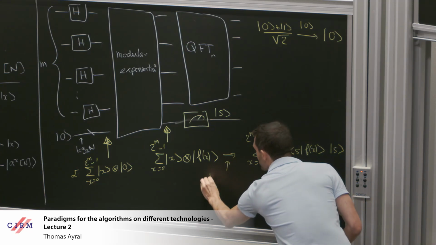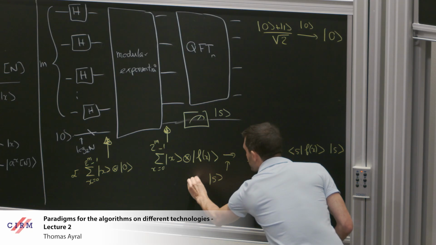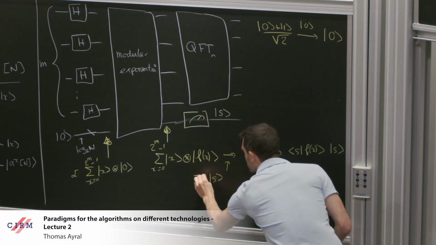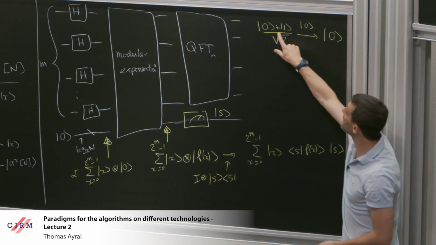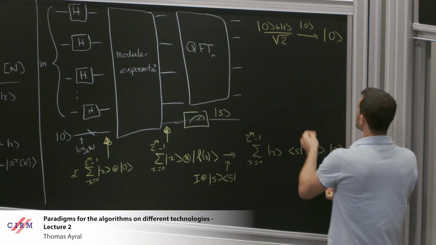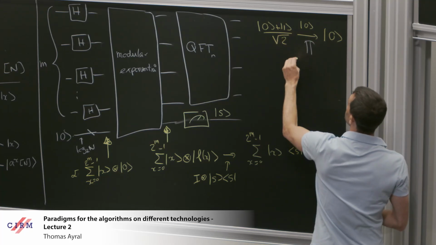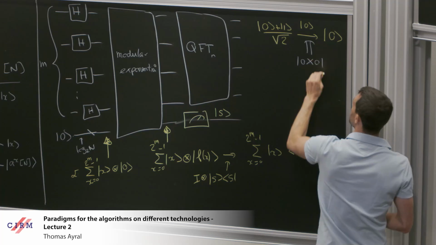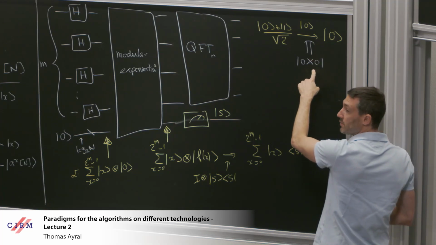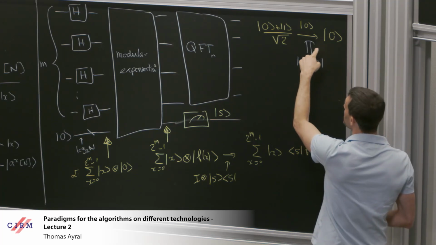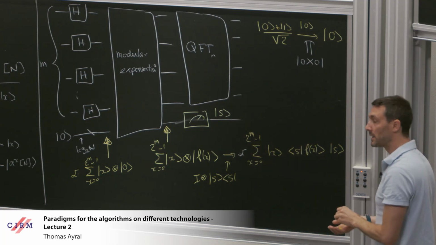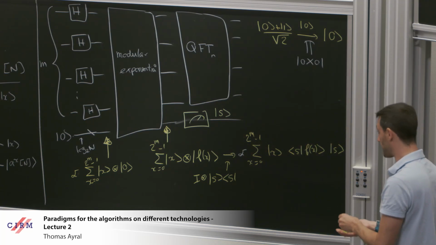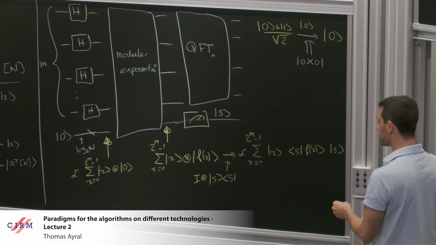What I did is essentially multiply everything by the identity on the first register times the projector on S. Because this is what we do. When I go from here to here, the operation that I did is I projected everything on 0. So I applied the projector, and then I renormalized. But here I'm going to work everything proportional to, in order not to bother too much with normalization factors.